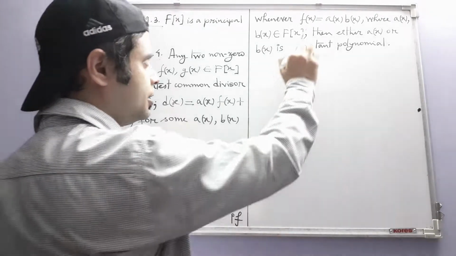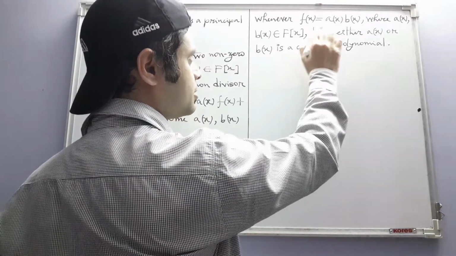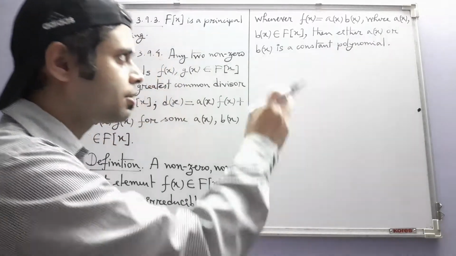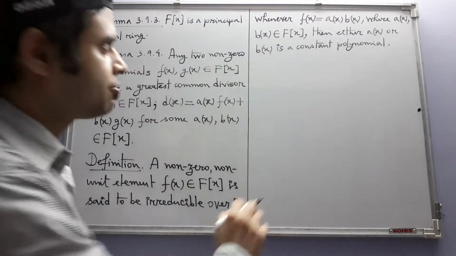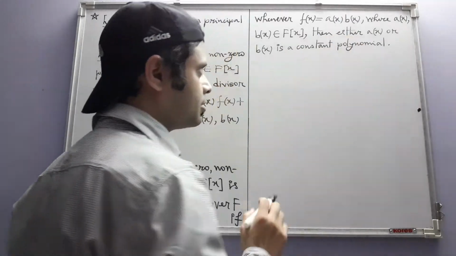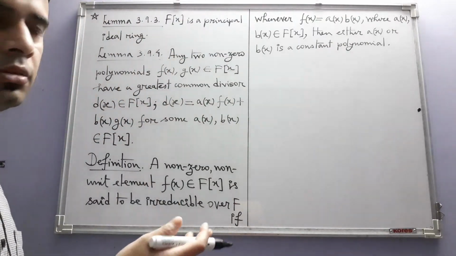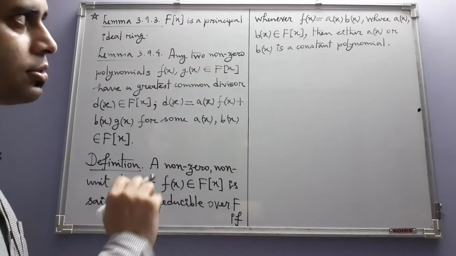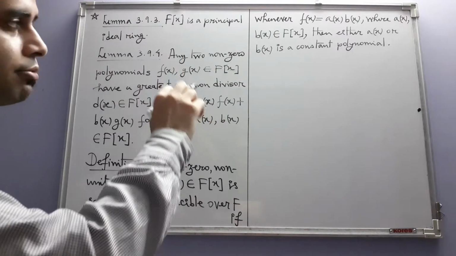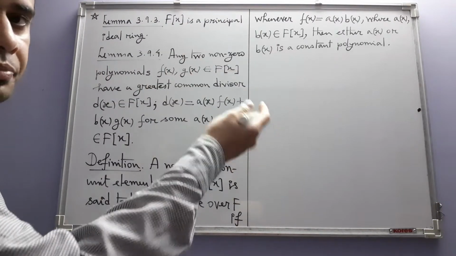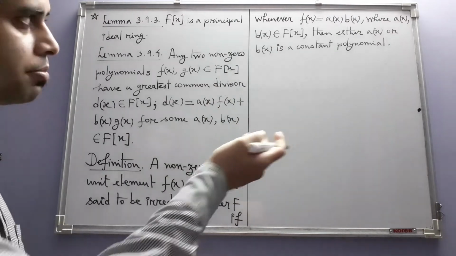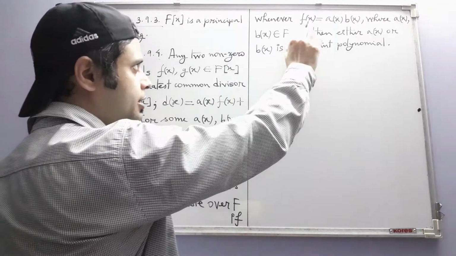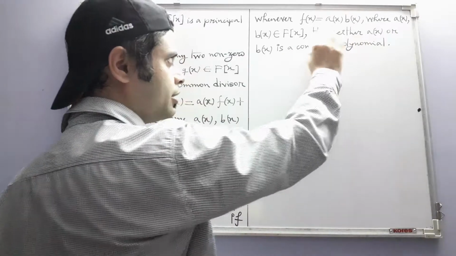So the degree that f(x) has is coming entirely from the other factor. Say for example, if a(x) is constant, f(x) is irreducible, and you have been able to write f(x) like this, then degree of f is equal to degree of b(x), because we already know that the degree of a product is the sum of the degrees of the two.